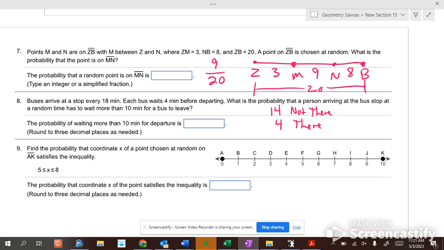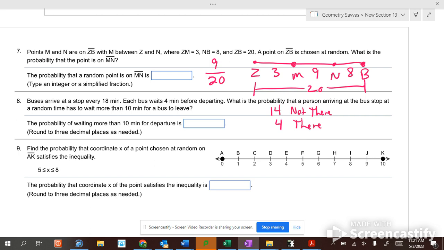You get that? Because the next one comes, 18 minutes, sits there for 4, then leaves, and then 18 minutes after, the other one arrives and leaves, then another one arrives and leaves, and so on.